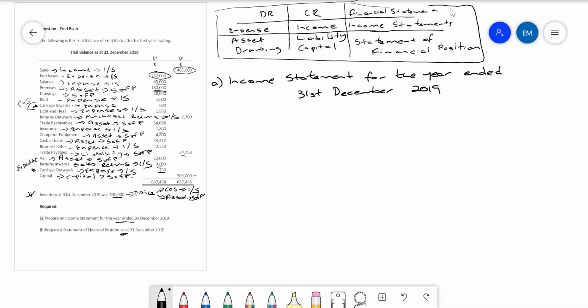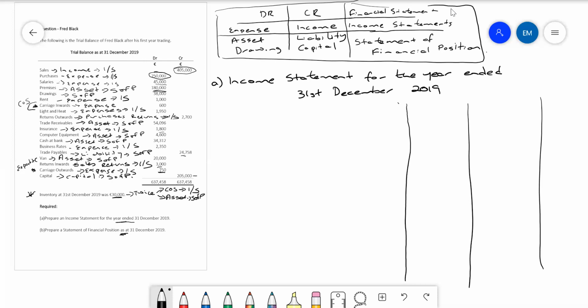Okay, so then you'll have two columns for a subtotal and total, and you always put the currency that you're operating in at the top so that people know what currency the financial statements are prepared in. And from the template financial statements in your notes, you will see that you always start an income statement with the sales figure.